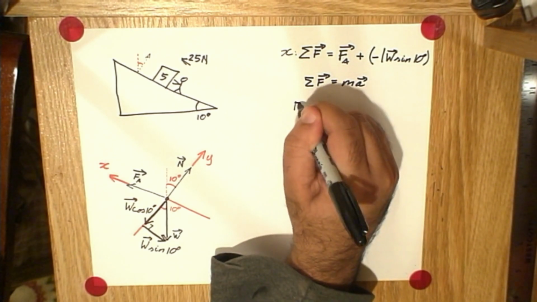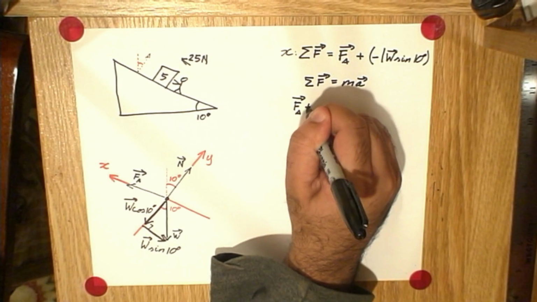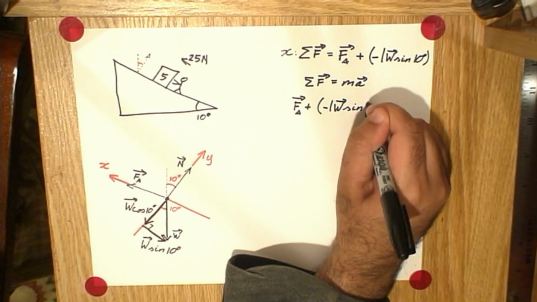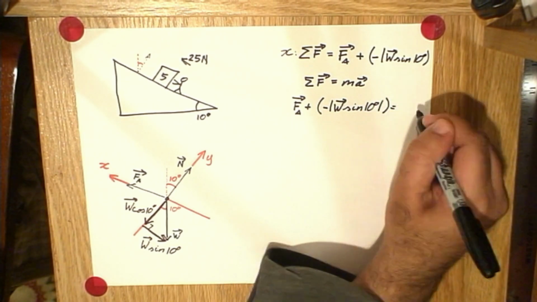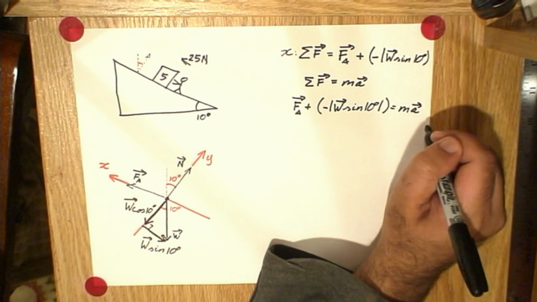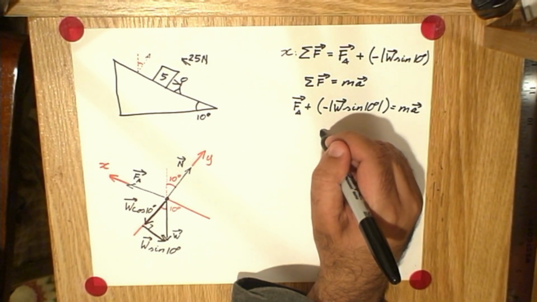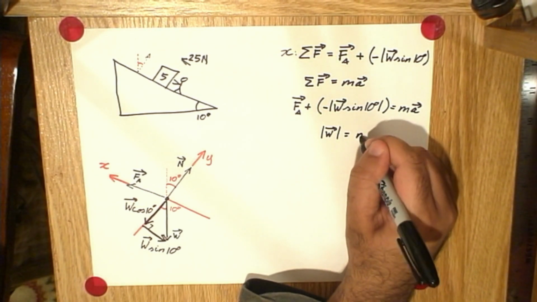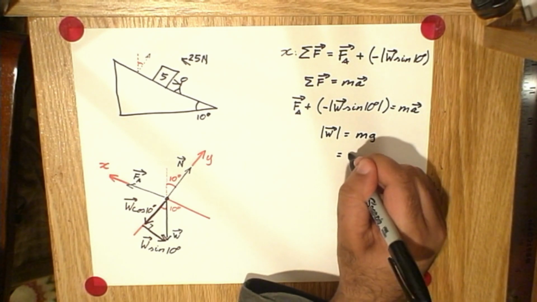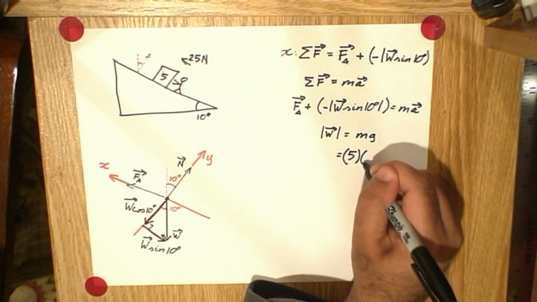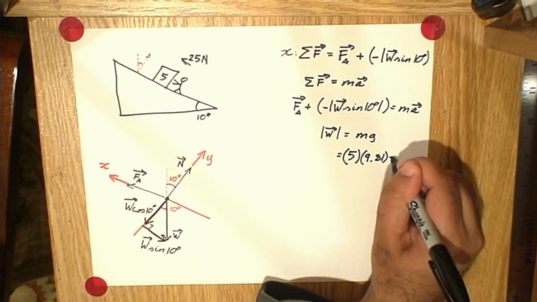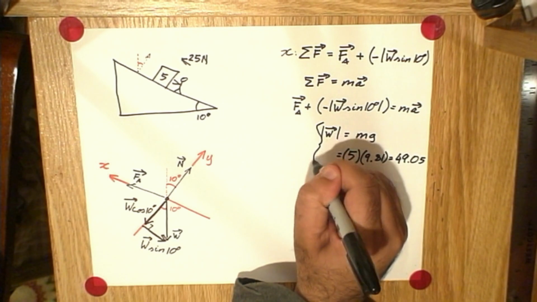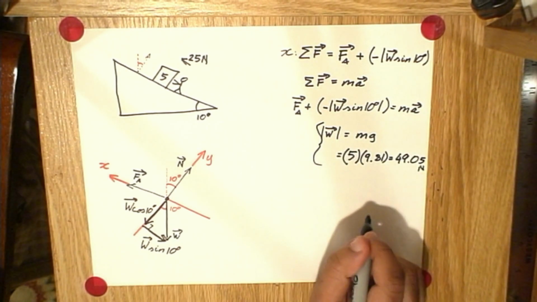So that means that applied force plus the negative weight sine 10 degrees is equal to mass times acceleration. Now, let's figure out what the weight is. The weight is equal to mass times gravity, which is equal to 5 kilograms times 9.81, which is equal to 49.05. That's the size of the weight force, 49.05 newtons.